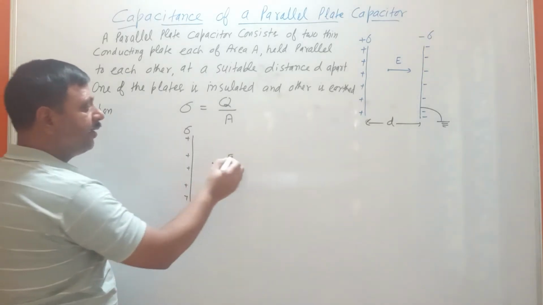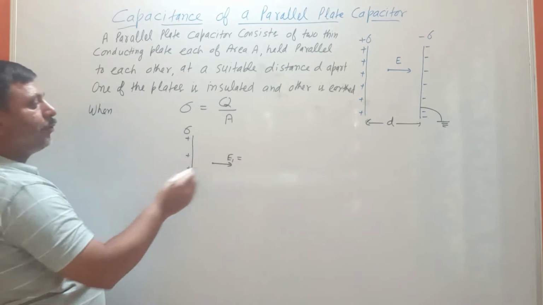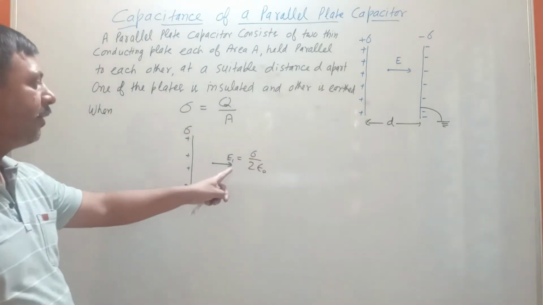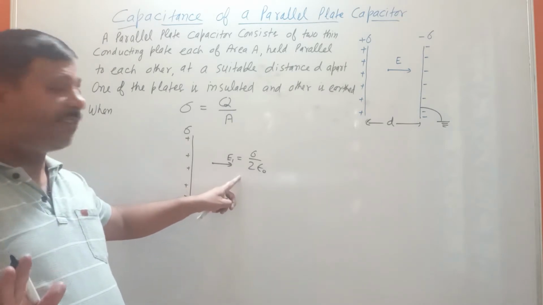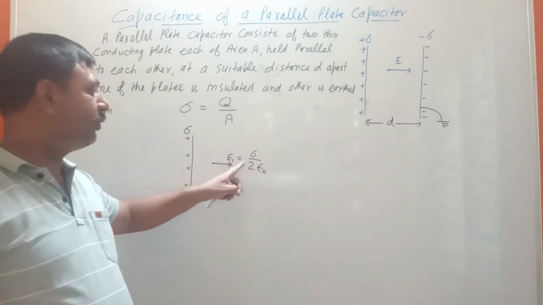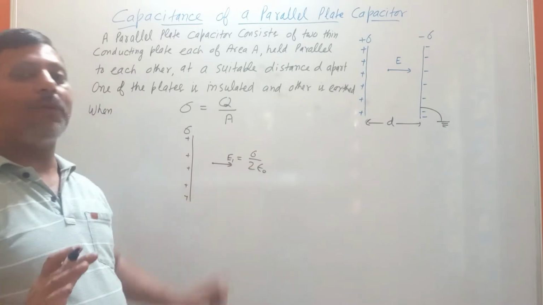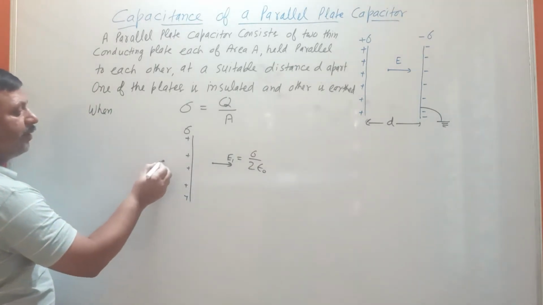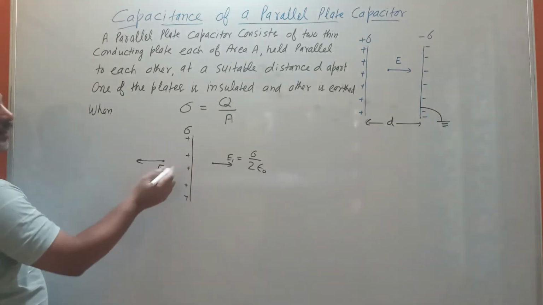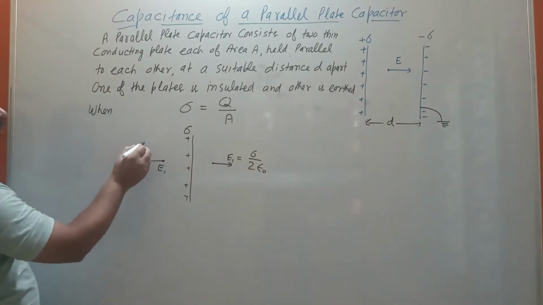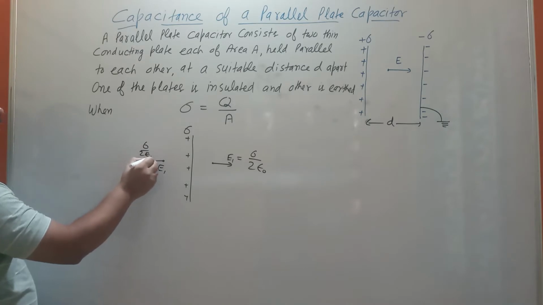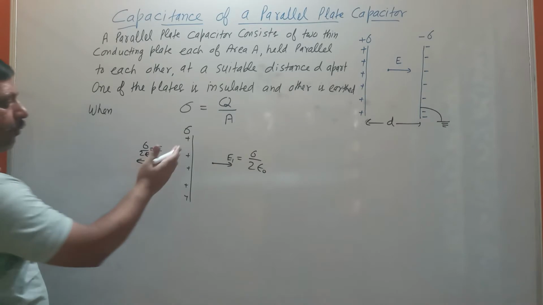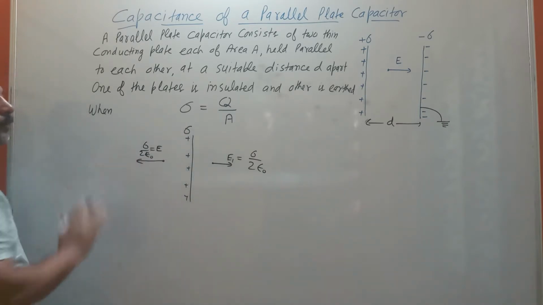The magnitude, as I told in an earlier section for a thin plate sheet, is sigma upon 2 epsilon naught, independent of R. This is E1, perpendicular to the plate and outward.